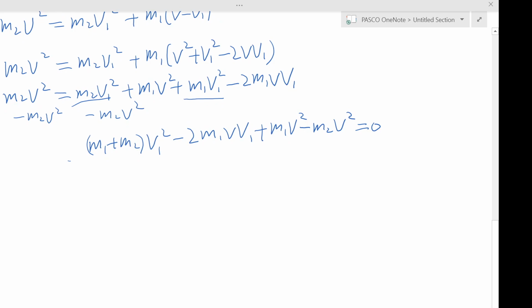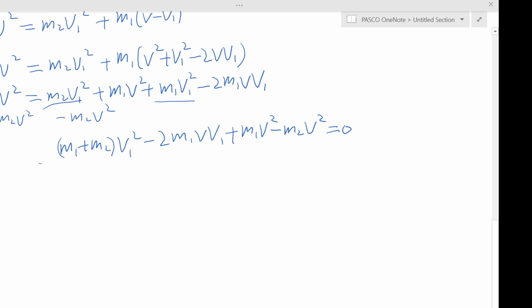Alright, so now we need to factor this equation, but in fact you can use the quadratic formula as well, to solve for v1. You can already tell we can solve this equation because it's already in quadratic form. So it just comes down to whether we should factor it or use the quadratic formula. I prefer to factor.